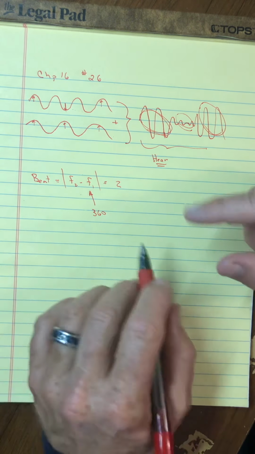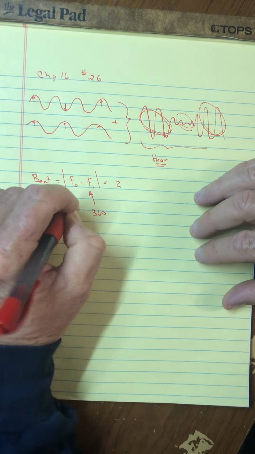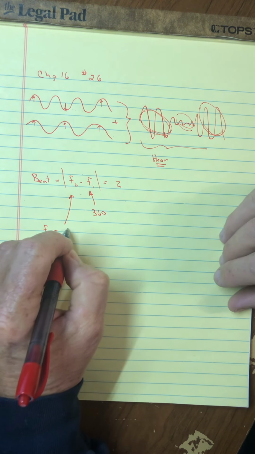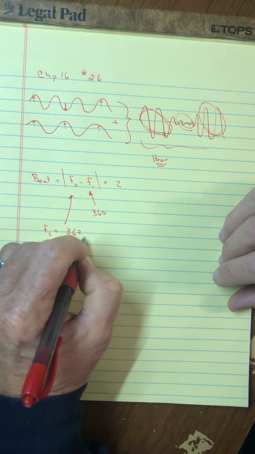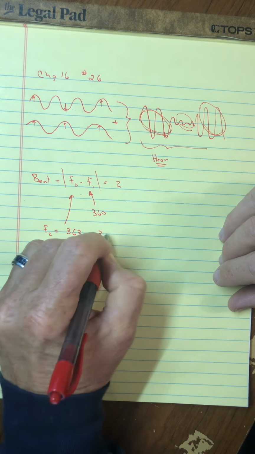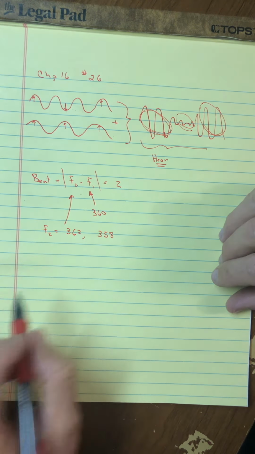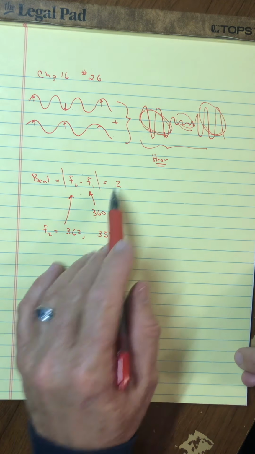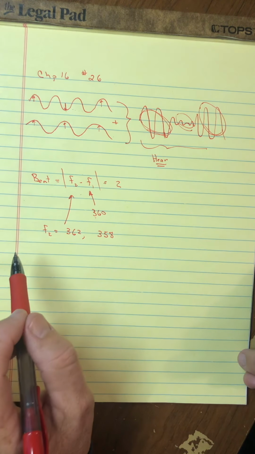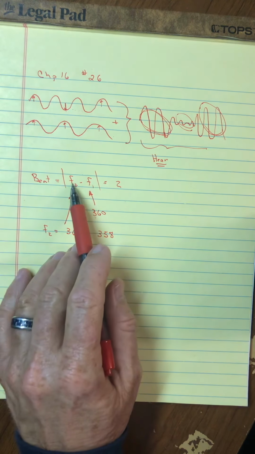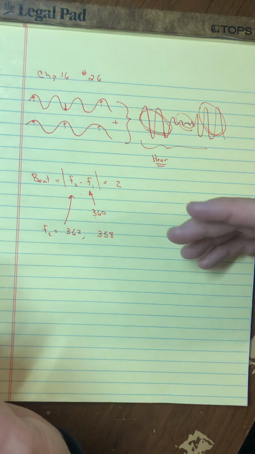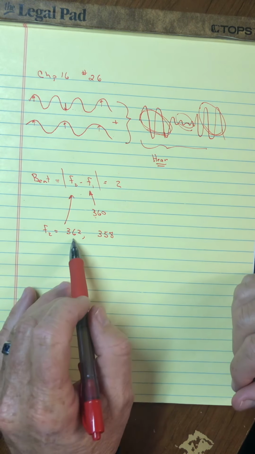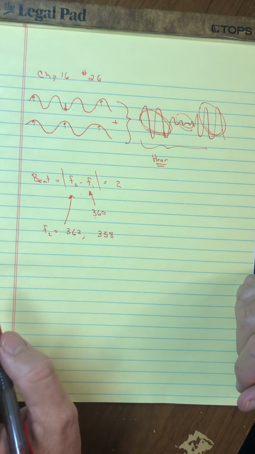So what that would tell you is that frequency number 2 must be either 2 above or 2 below the 360, because we hear the beats twice a second. We just don't know if this one is above it or below it. But we definitely hear 2. So we know that it's either a 362 or a 358.